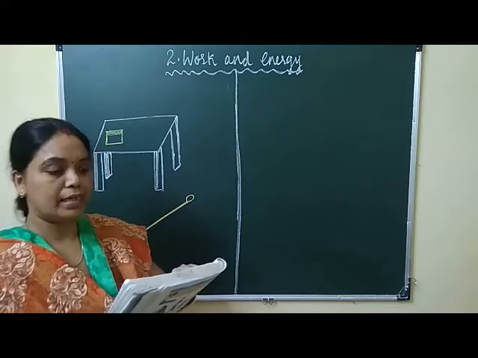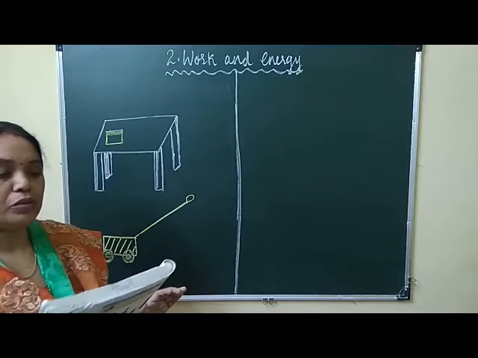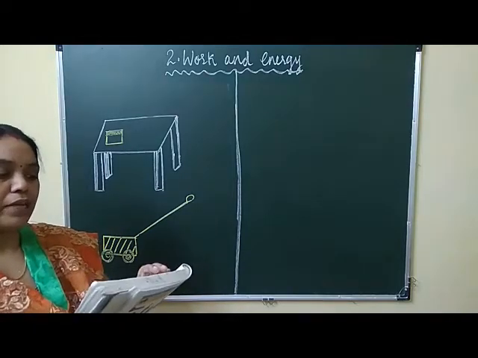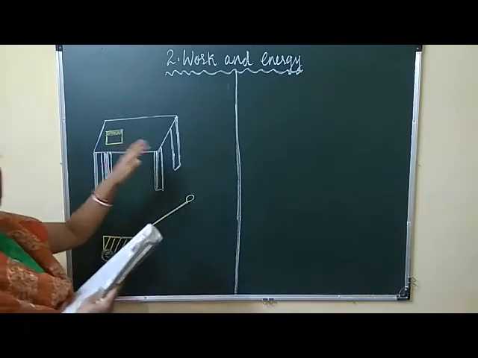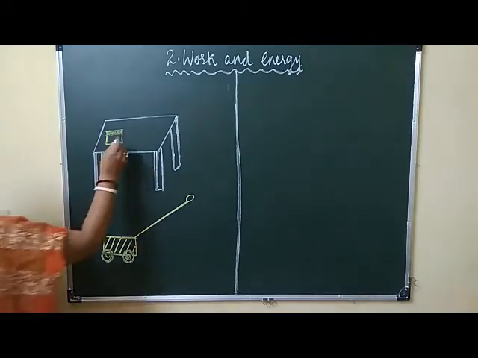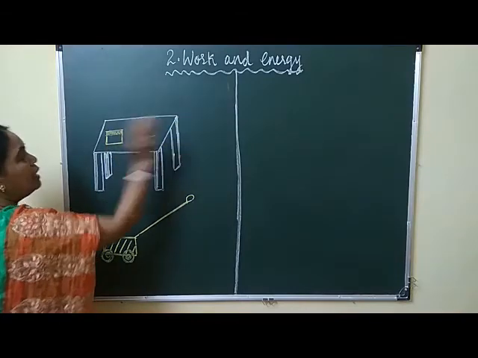The first example: Meenakshi is trying to push a wooden block on the surface of a table from direction A to B. So Meenakshi is pushing the wooden block on this surface of the table.